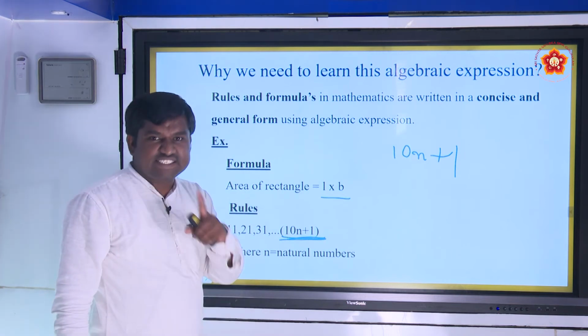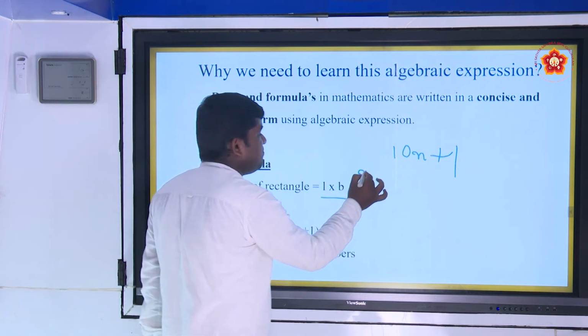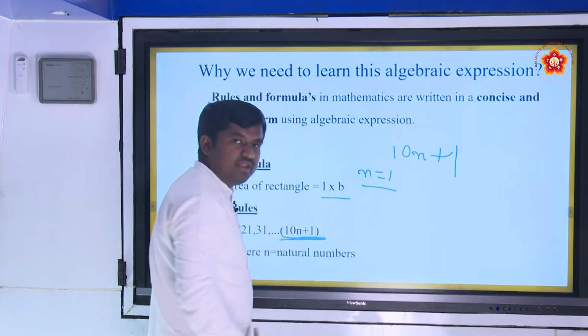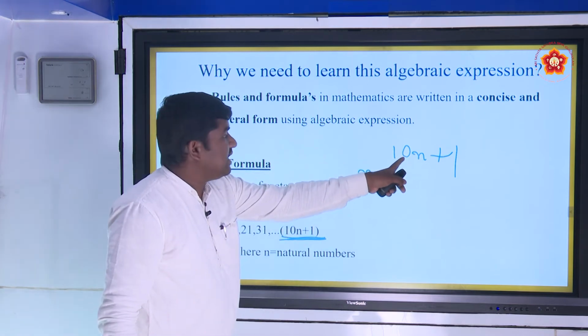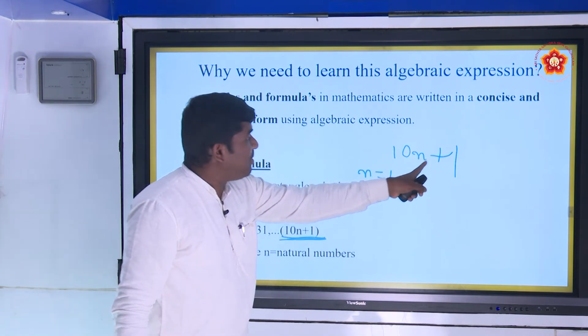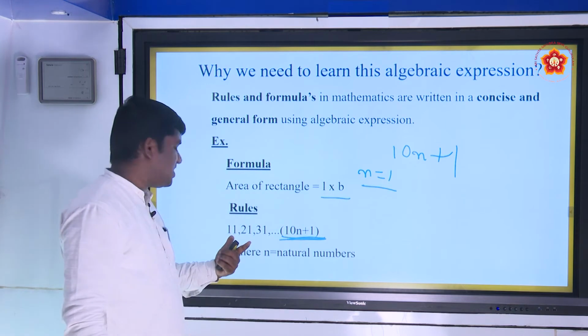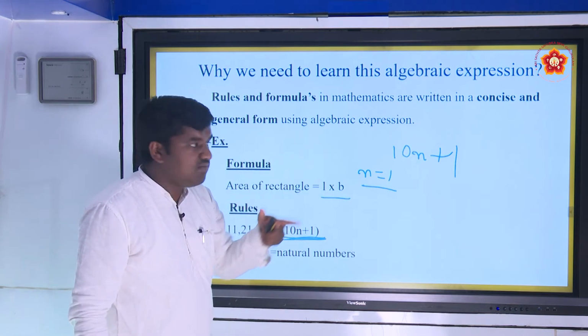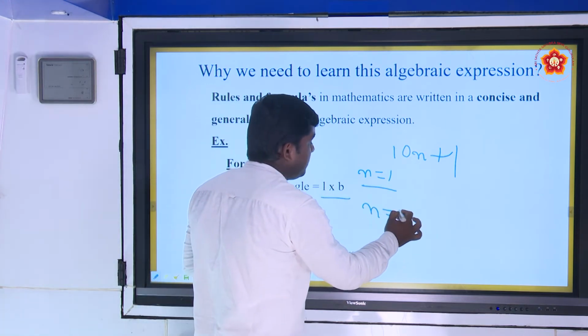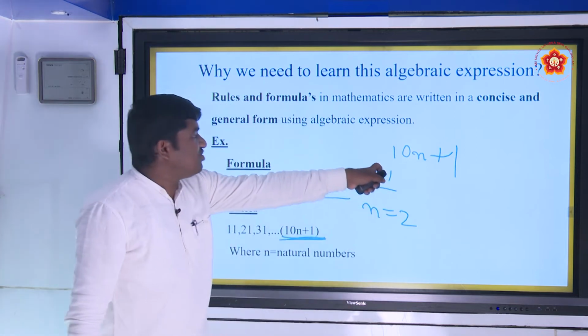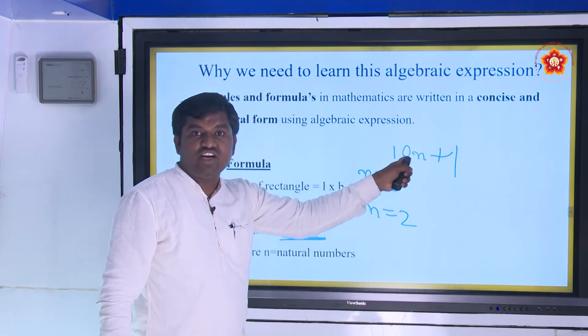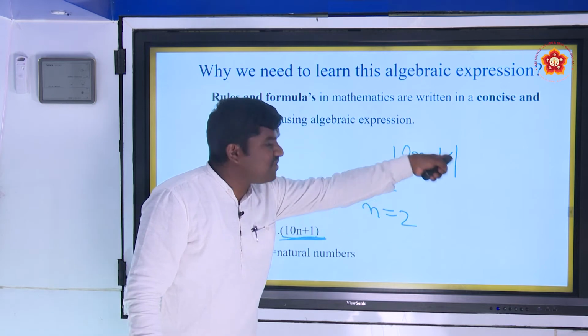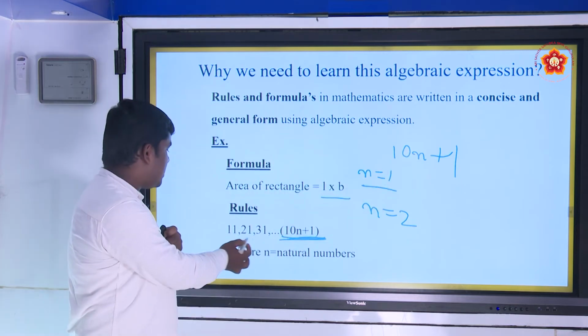If you want the first term, put n equals 1 in this rule. Okay, put n equals 1, 10 into 1, 10 plus 1, 11, you will get the first term. If you want the second term, put n equals 2. n equals 2 means 10 into 2, which is 20, 20 plus 1, 21, see, second term.